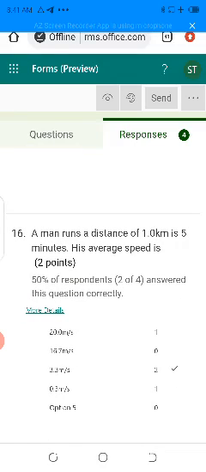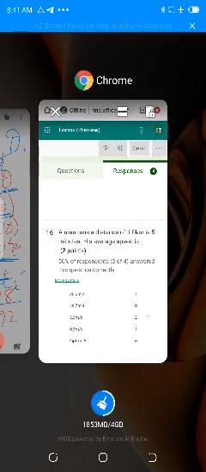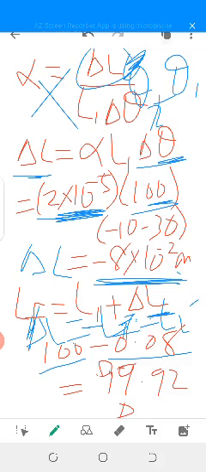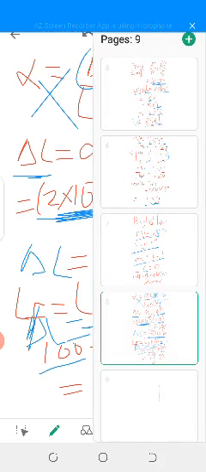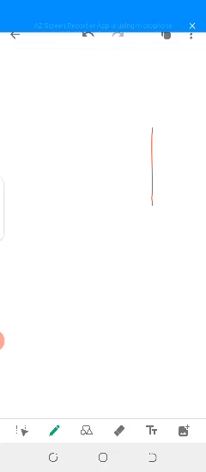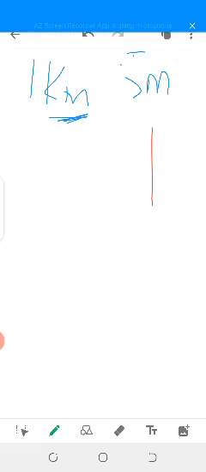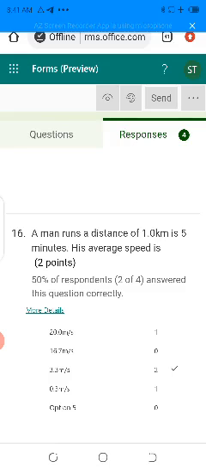A man runs a distance of 1 kilometer in 5 minutes. The average speed is, this is very simple. Just convert the 1 kilometer, because if you look at that, the distance was given in kilometers, and the time, 5 minutes, is also given in minutes, but the options of the question are given in meters per second.